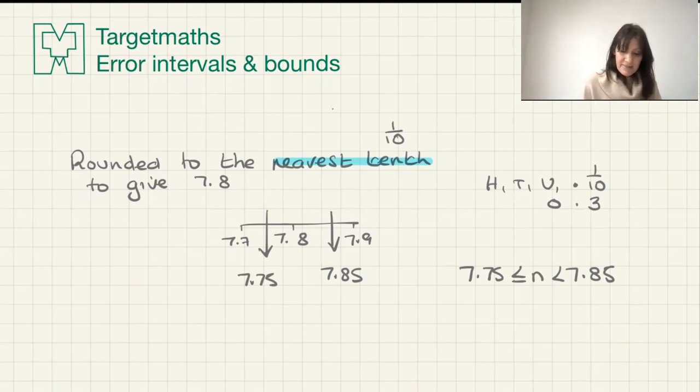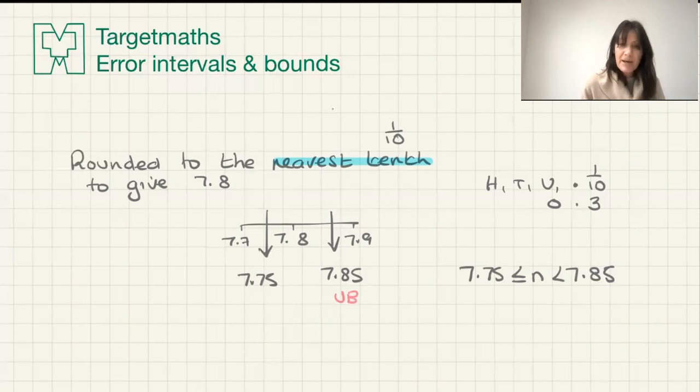Now, these numbers can also be described as lower and upper bounds. So if I had changed the question to say a number had been rounded to the nearest 10th, and that number was 7.8, what is the upper bound? That sounds like a completely different topic, but you would do the exact same thing, and the upper bound would be the bigger value that you found.